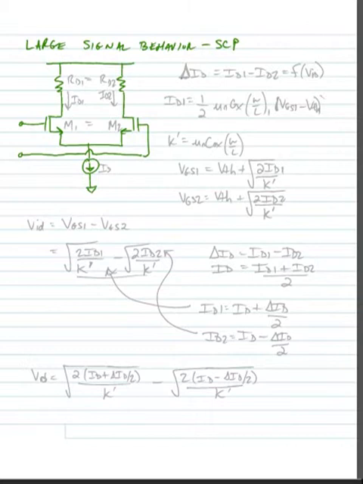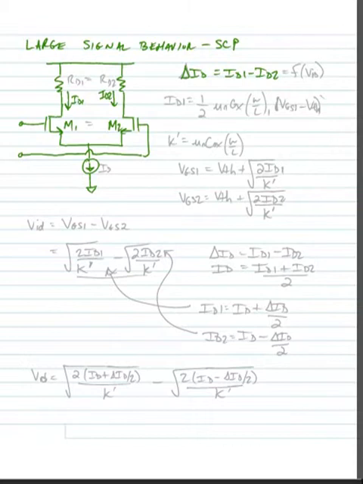And what we want to do is find delta ID, which is equal to ID1 minus ID2, where ID1 is the current through transistor M1 and ID2 is the current through transistor M2.